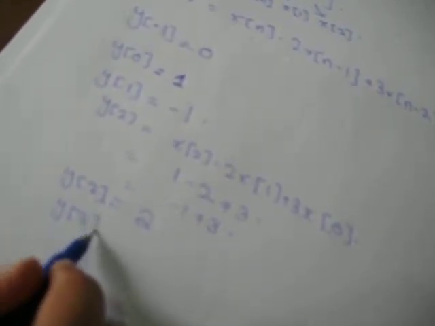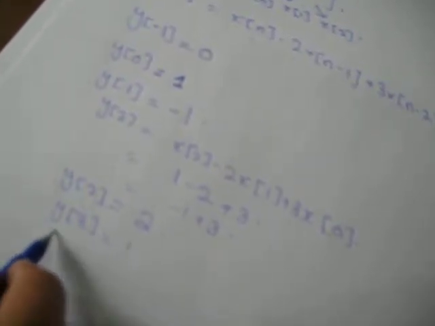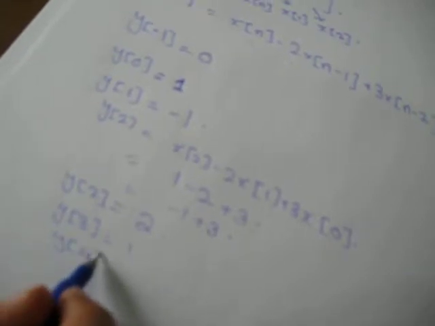Similarly y of 3 will be calculated, which will be 1, y of 4 will be 3, and after that, n equal to 5, 6 up to infinity will result in values equal to 0, so we do not need to calculate those.